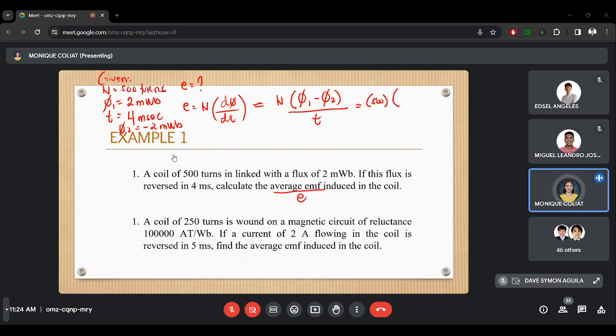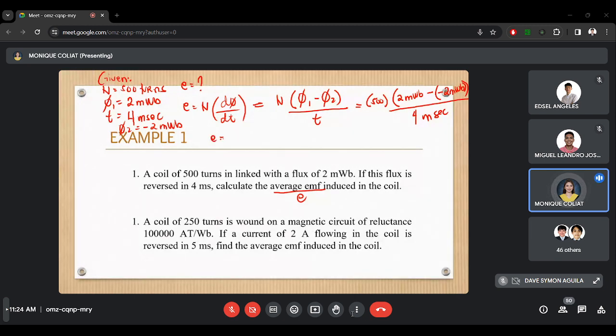So this will be 2 milliweber minus negative 2 milliweber, which means you just multiply by 2, because negative times negative is positive. Then your time is 4 milliseconds.